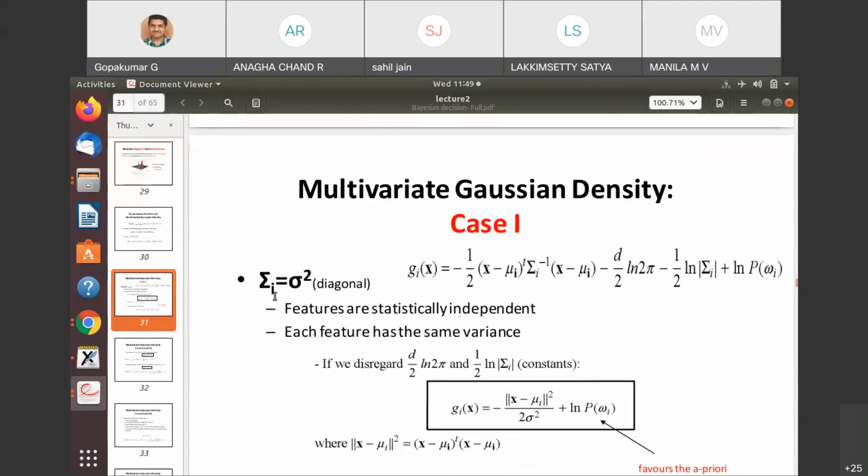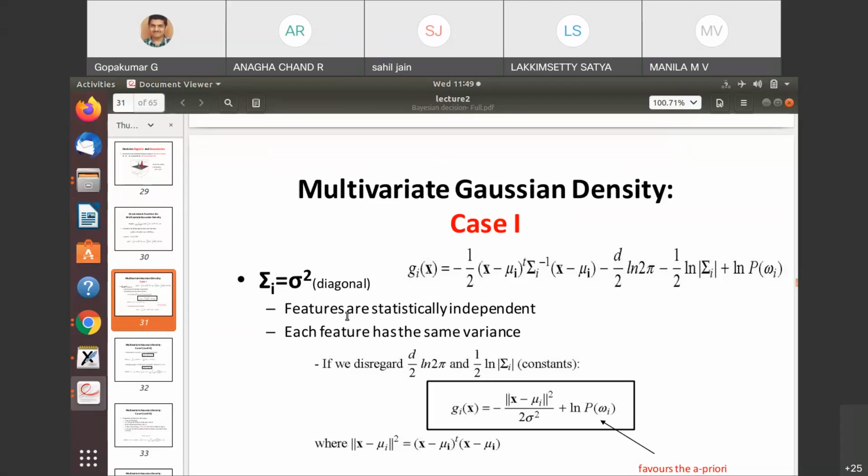Suppose we have case one, where sigma I is equal to sigma square into I, the identity matrix. The point is that we assume we have only elements in the main diagonal of the covariance matrix.